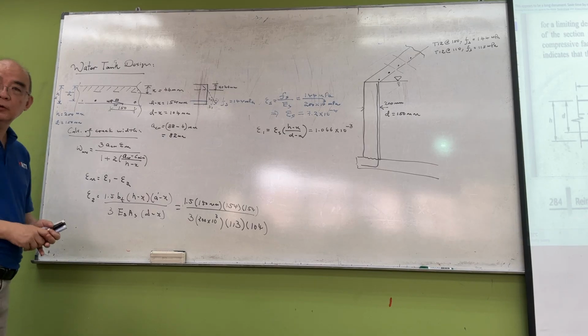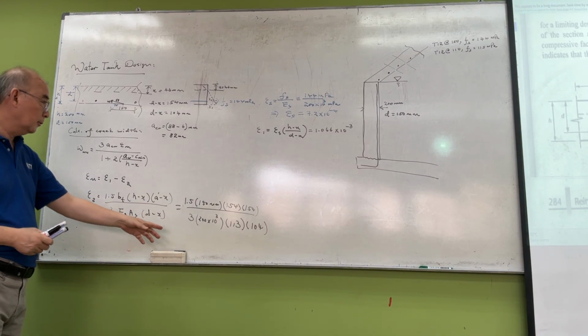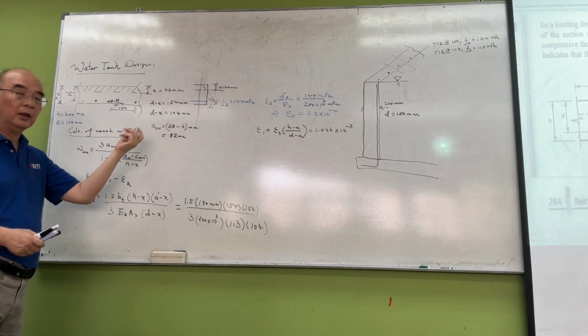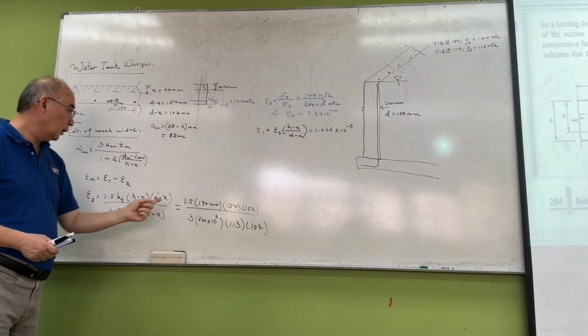Okay, follow this one. This BT here is basically the spacing of the bar, 150 and this one.